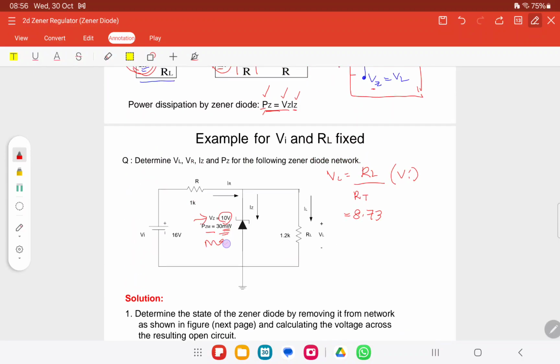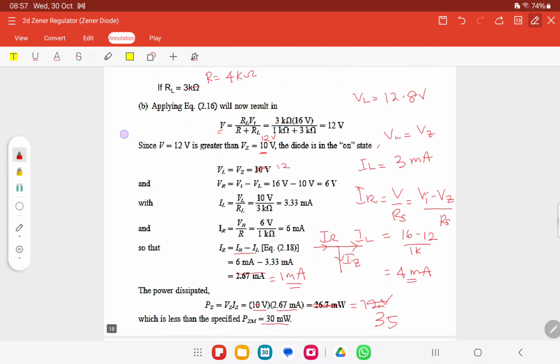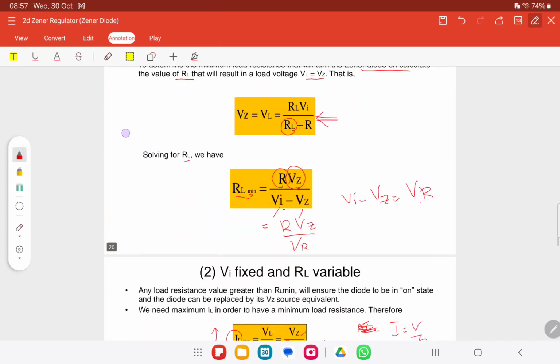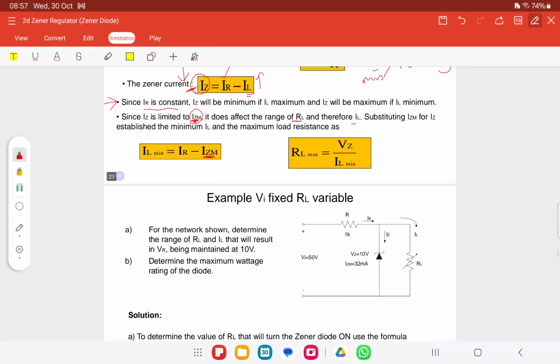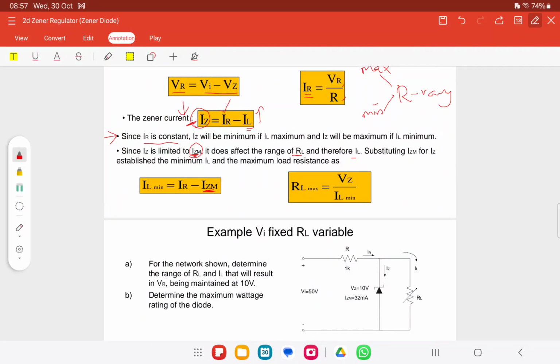This is the maximum power that can flow. From this maximum power, we can get the maximum IZ. That is the meaning of this, the point about the given value in the Zener diode.